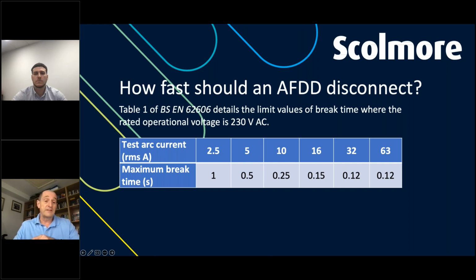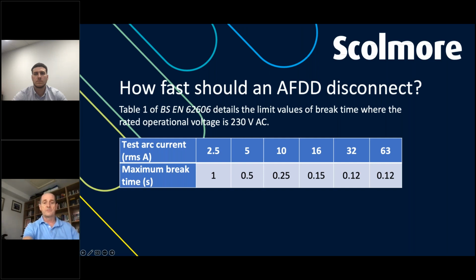So when we look at the standard here, this is just a table taken out of the standard, and these are the test arc currents that they're looking for. They will set up the test rig to generate this current, and they're saying there's a maximum break time of 1 second. So at 2.5 amps, you're allowed to have a second. And this is a graph on a slope.